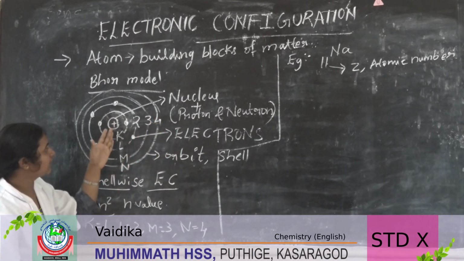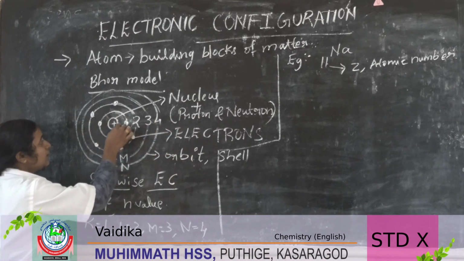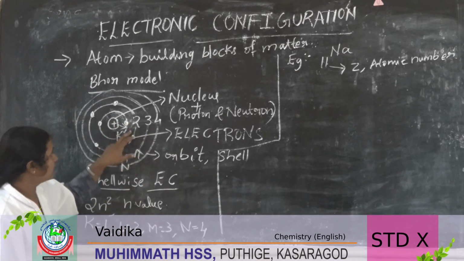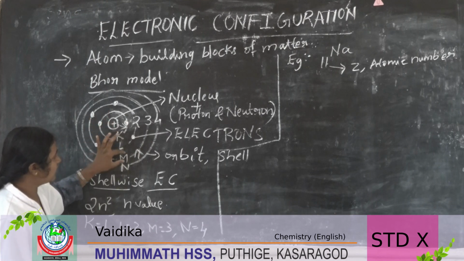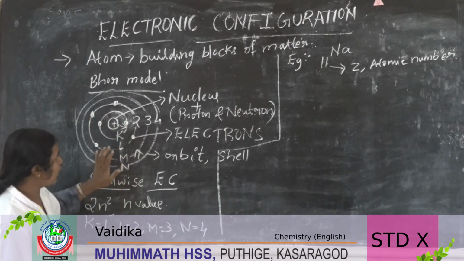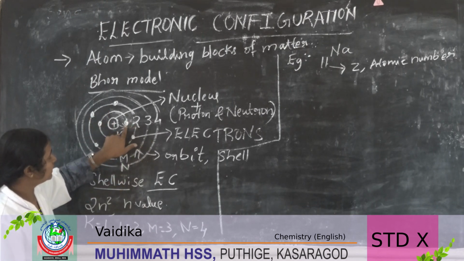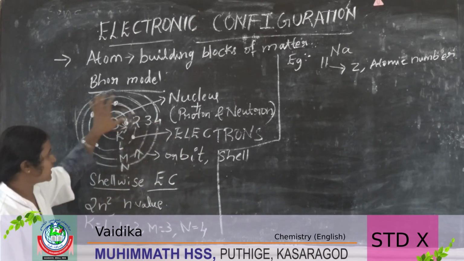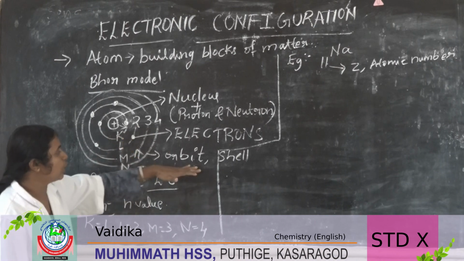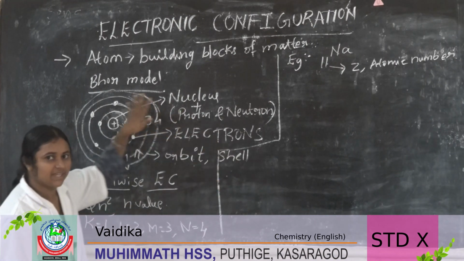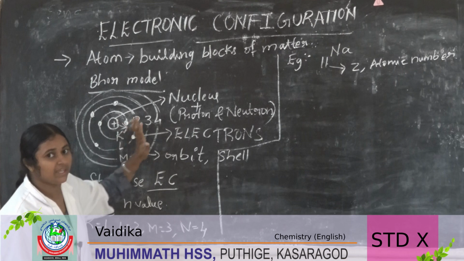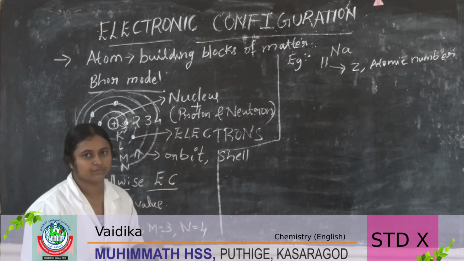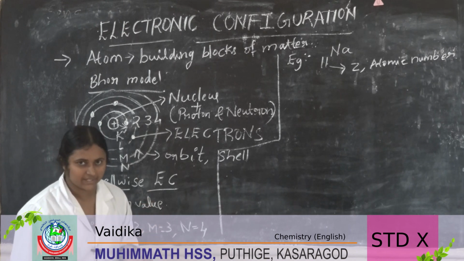We give the naming or numbering starting from the nucleus, not from outside. So these K, L, M, N are the shells, or they can be given the numbers 1, 2, 3, 4. These are the main energy levels, or orbits, or shells where the electrons revolve in the atom. These are some of the points, or postulates, of Bohr's atomic theory, right?